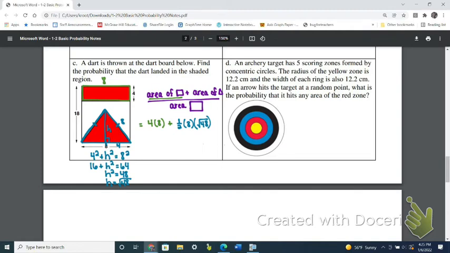And this is all divided by the area of the large rectangle. So this right here, and that is 18 by 8. So again, I put the top in my calculator, I put the bottom in my calculator, I save those numbers so I can come back to them. So it's 59.713 divided by 144.